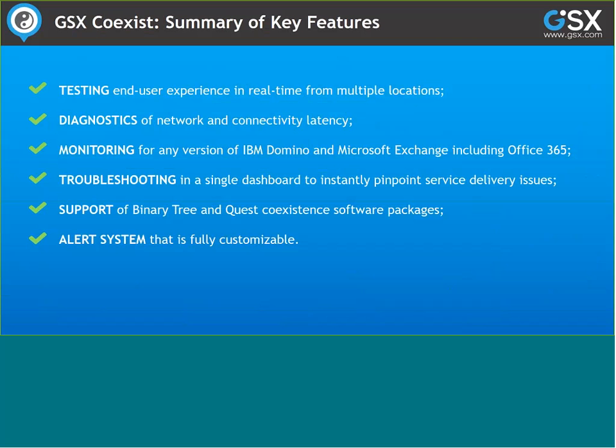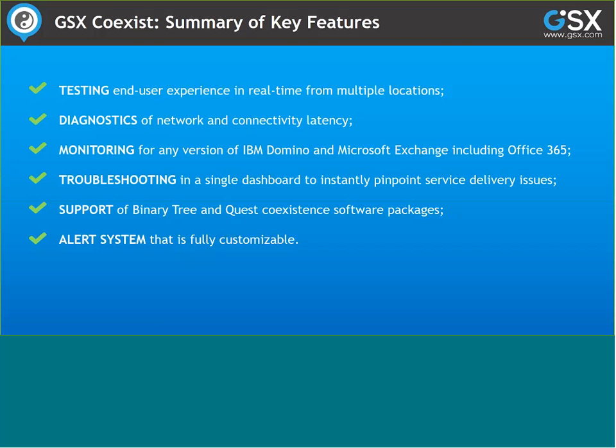So you need to have visibility in each of those locations. You need to be able to diagnose those issues, investigate, and so you need to understand the impact of the different components, as we've seen, the impact of the network as well. We're able to monitor any version of Domino servers, of Exchange servers, that includes Office 365. Because we monitor really that end user experience, we're compatible with any version of those systems.